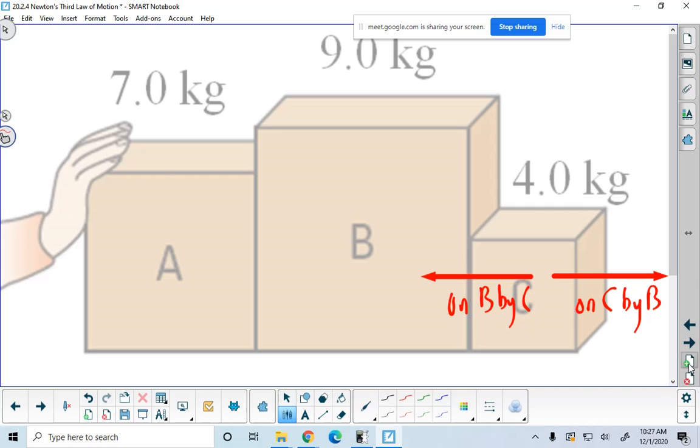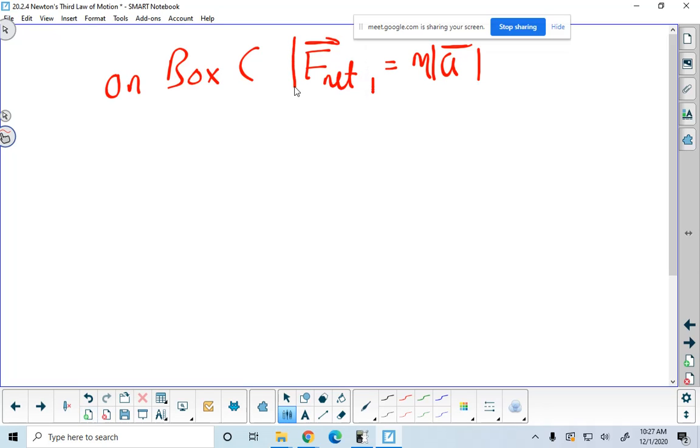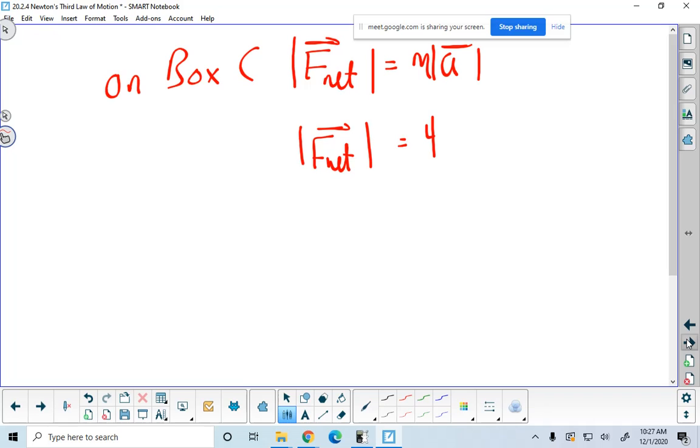So I'm going to talk now about box C. On box C, F net equals MA. And I'm not going to worry about directions here. Everything is to the right, which means the net force would have to be equal to its mass, which is 4 kilograms, multiplied by 2.4 meters per second squared.